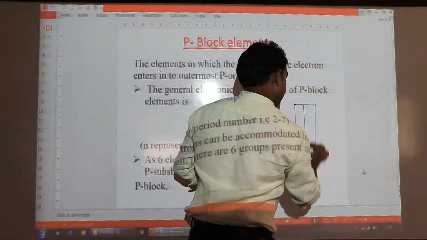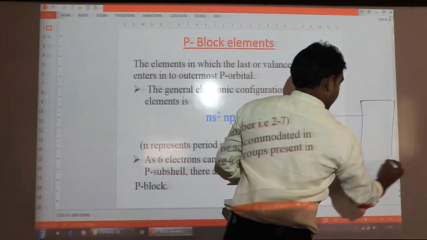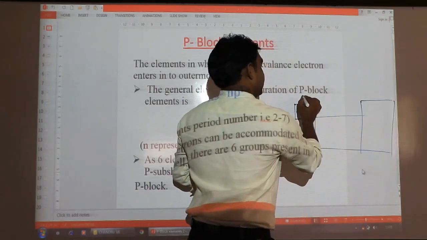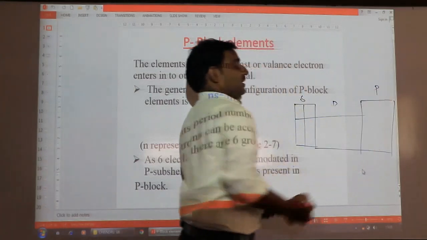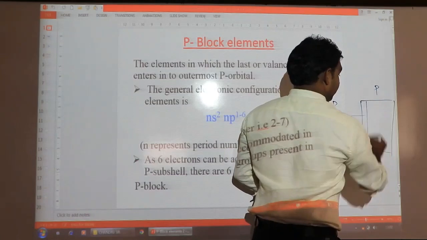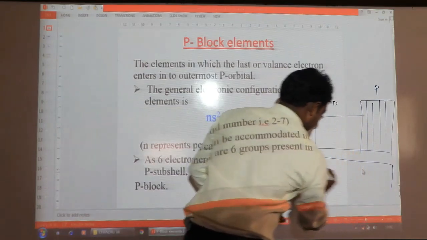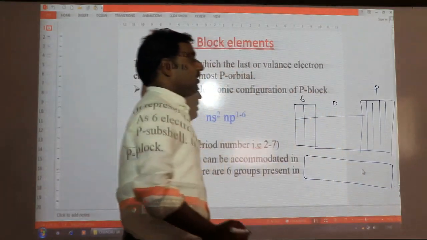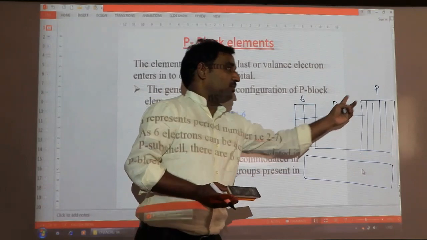These two are the S block elements, these are the D block elements, these are the P block elements here. So the P block elements are at the right side of the periodic table. Here the F block elements will be there. This is a graphical representation of the periodic table, that is S block, D block, P block.